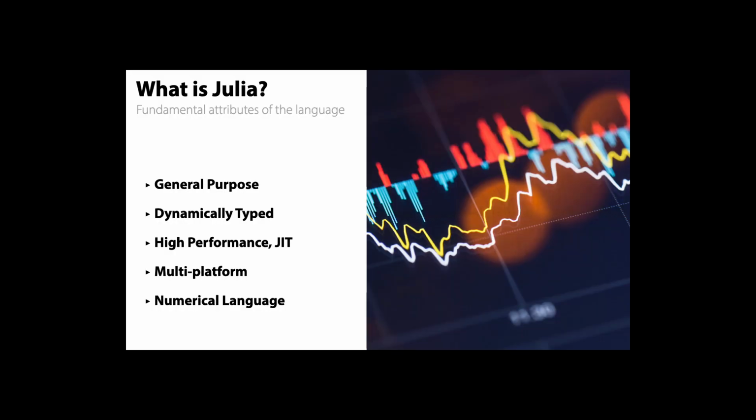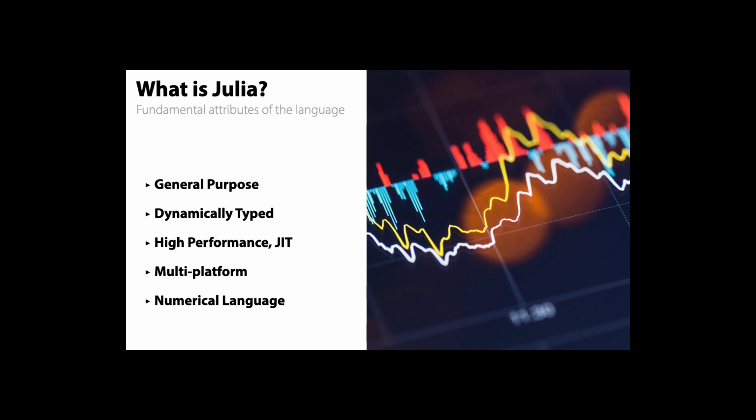So, what exactly is Julia? Well, it's a general purpose, dynamically typed, high performance, just-in-time compiled, multi-platform numerical language. Well, that's a mouthful. And some of this sounds like a little bit of a contradiction in terms. How can it be a general purpose and a numerical language?